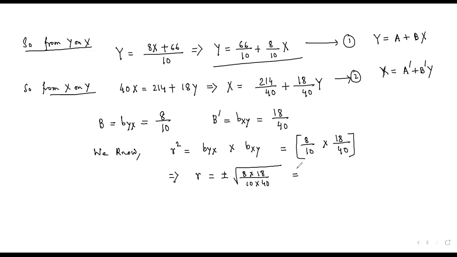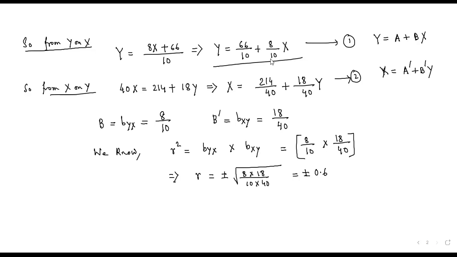So let me calculate and see what comes out of it. So 18 into 18 by 400, the correlation coefficient is coming to be plus minus 0.6.